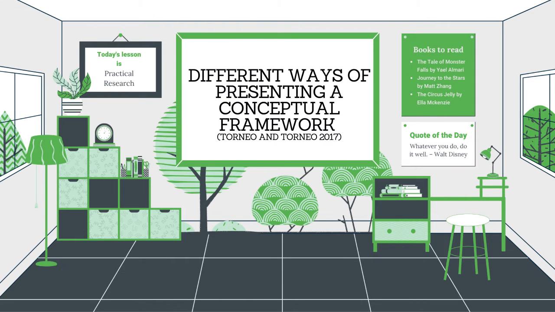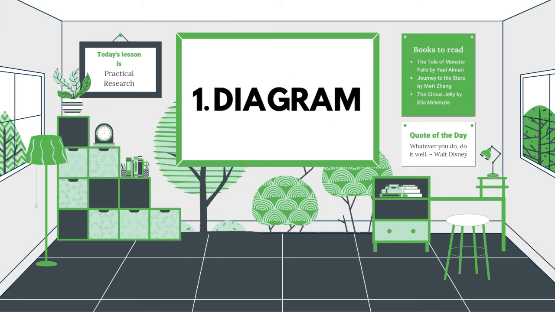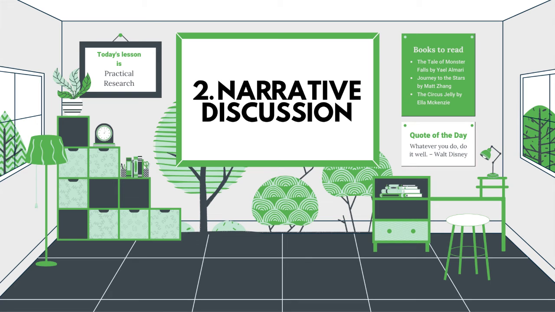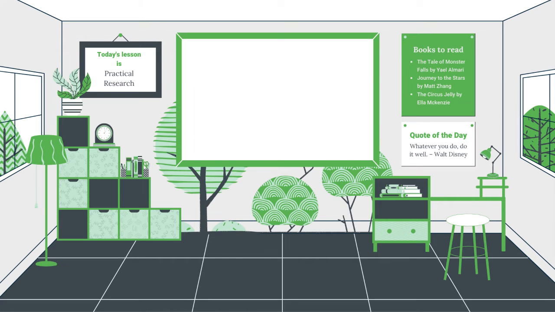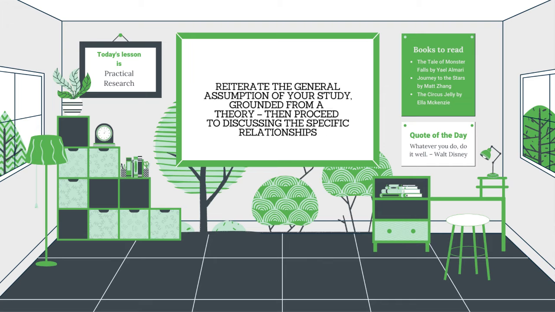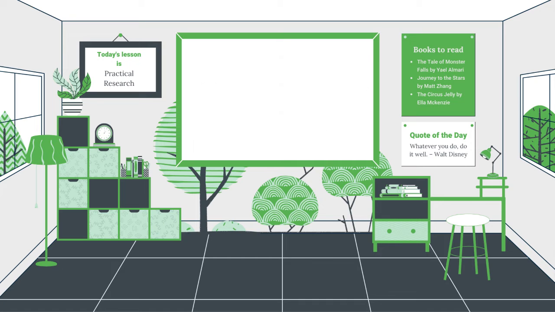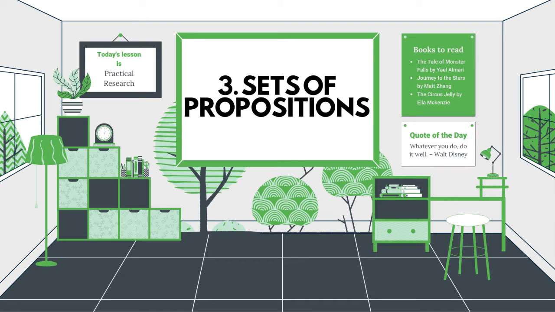Different ways of presenting conceptual framework. First is diagram. Second is narrative discussion. Reiterate the general assumption of your study, grounded from a theory, then proceed to discussing the specific relationships. Third is sets of propositions.